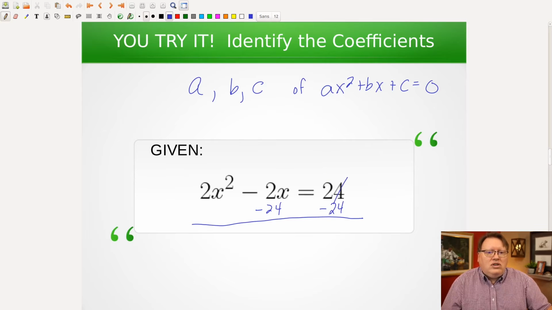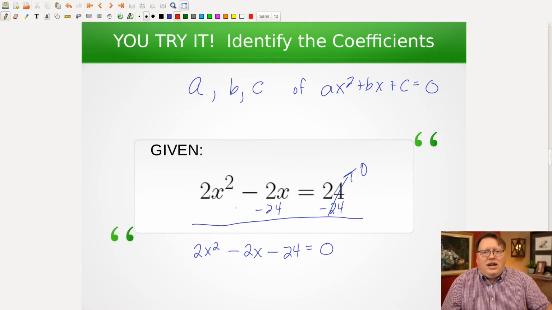You also notice that this goes to 0. This 24 is not a like term with 2x squared. It's not a like term with negative 2x, so we can't combine those. So the 2x squared just comes down. A minus 2x just comes down, and this minus 24 just comes down. And now you have everything equal to 0.